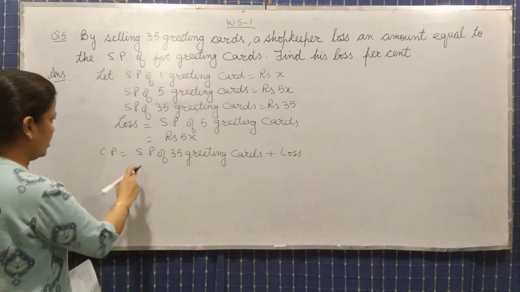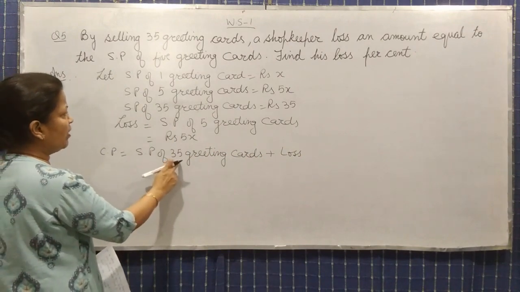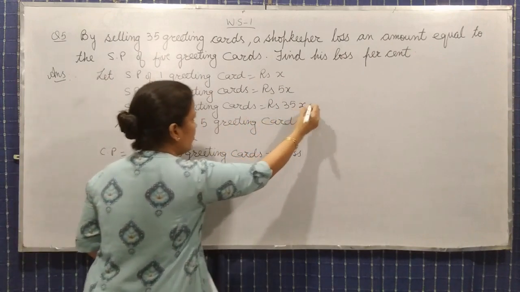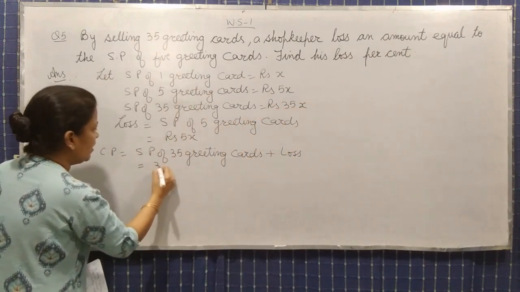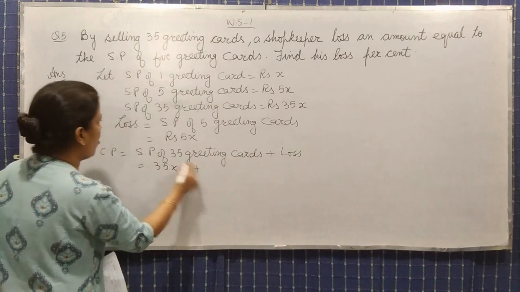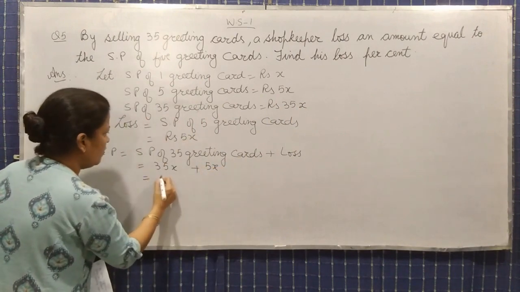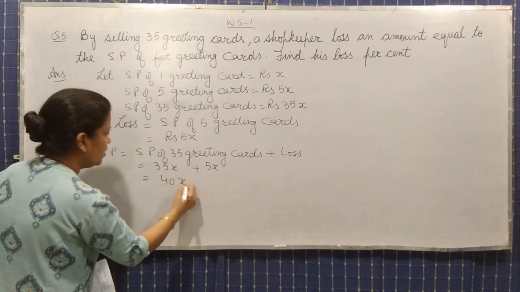Now let's go further. The selling price of 35 greeting cards is 35x. So it is 35x plus loss. Loss is 5x. So it will become 40x.